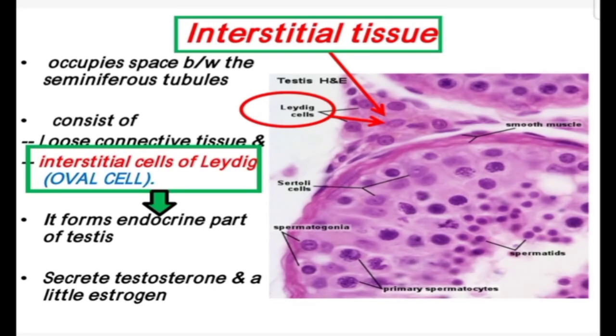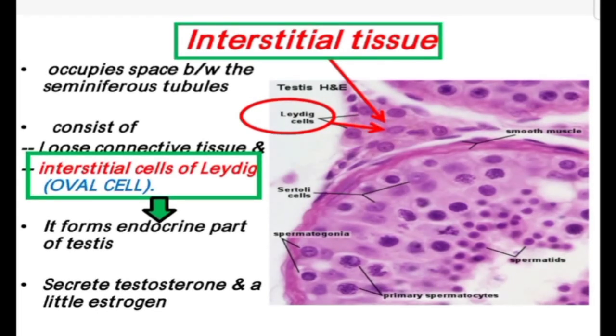And what are those interstitial cells of Leydig? These cells are seen to be arranged in groups. So this is a group of interstitial cells of Leydig. These are present in close association with the blood vessels because these are endocrine cells, so they are surrounded by fenestrated capillaries. These are large ovoid cells, each having a central darkly staining nucleus and an eosinophilic cytoplasm rich in lipid droplets.